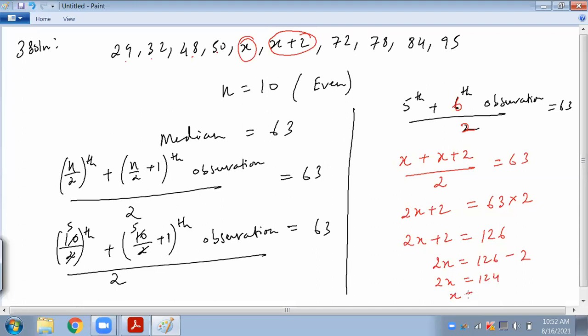Now find x. x will be 124 by 2. 2 6s are 12, 2 2s are 4, so x is 62. So you're asked to find the value of x, and we're getting x equal to 62. Okay, write it down, and once you're done, you can resume.